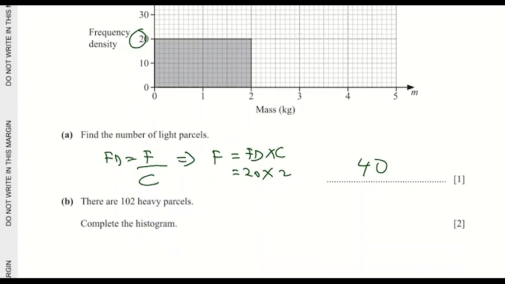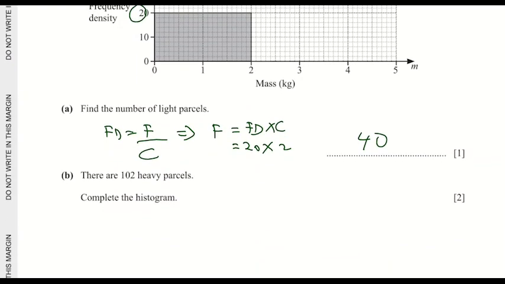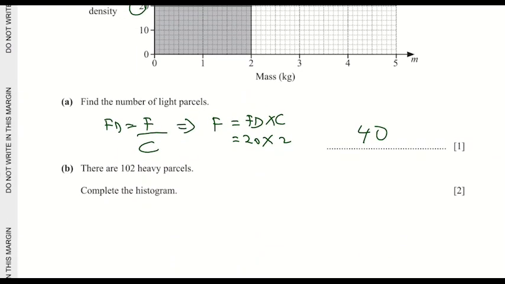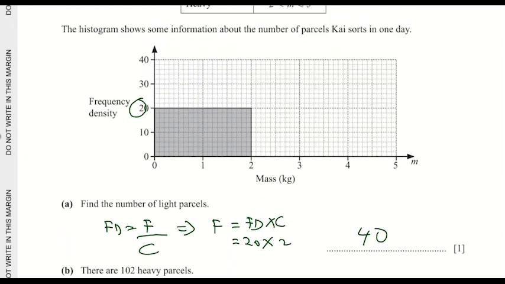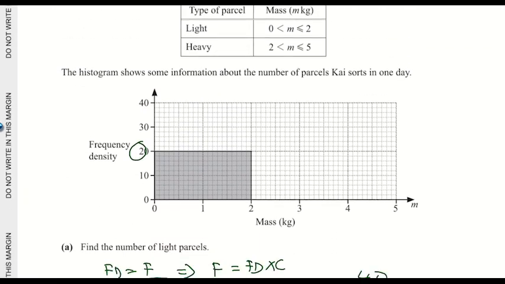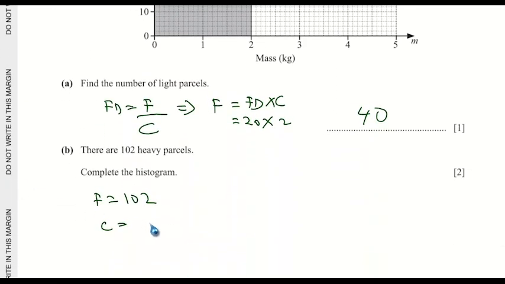Then part B, there are 102 heavy parcels. Complete the histogram. So that is frequency equals 102 for the class. The class size for the second one is 5 minus 2, that is 3. So what is the frequency density? It is the frequency 102 divided by the class size, which is 3.